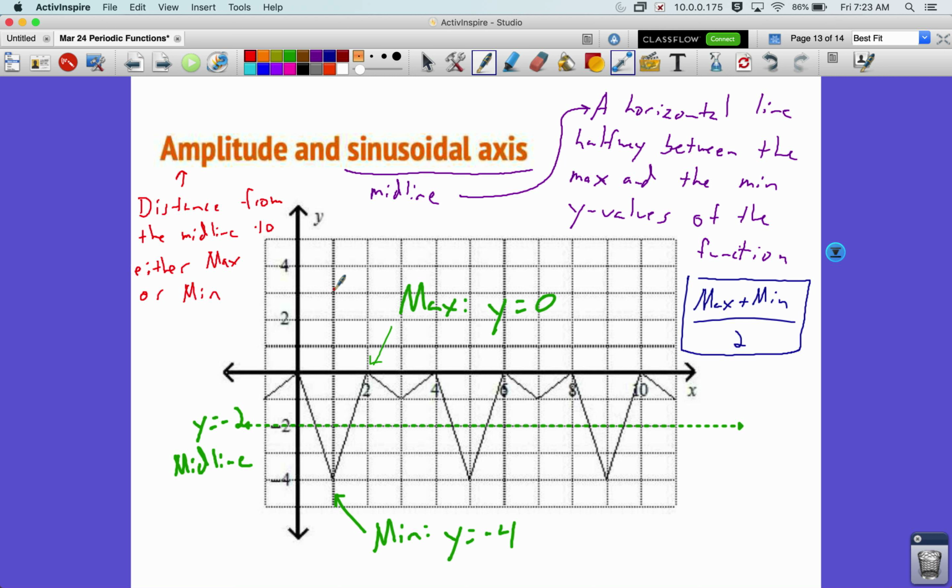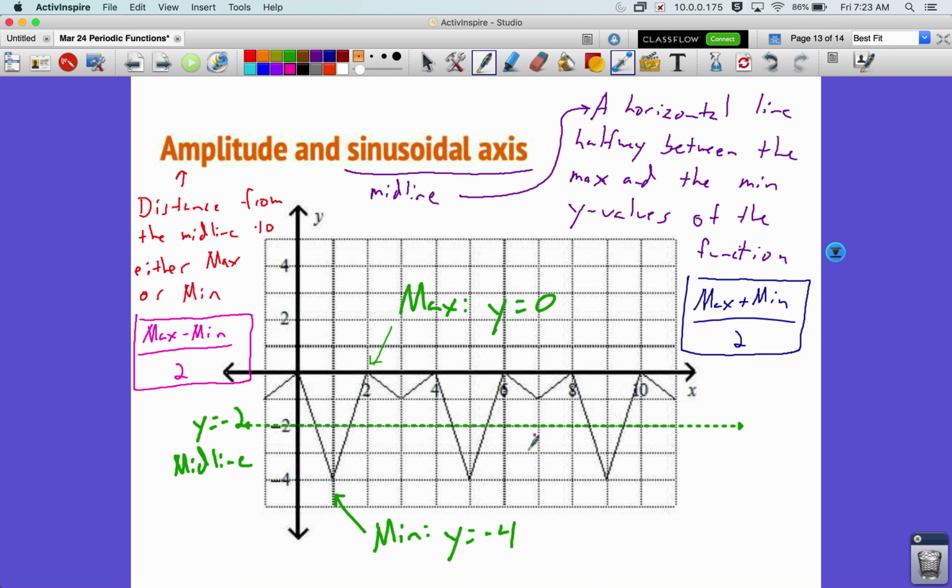And again, it has a formula that I don't think is super useful to memorize, but I'll give it to you anyway. So we want half of the distance between the max and the min. So what we're going to do is max minus the min to get the total distance and then divide that by 2. Notice these formulas are very similar to each other. They're easy to mix up. It's easier to draw a picture and just think these things through. But you can find the amplitude by always doing max minus min divided by 2.